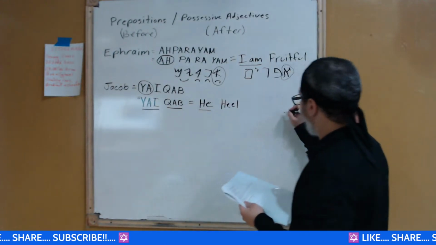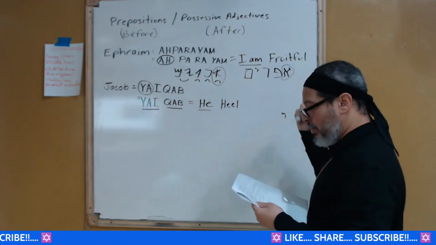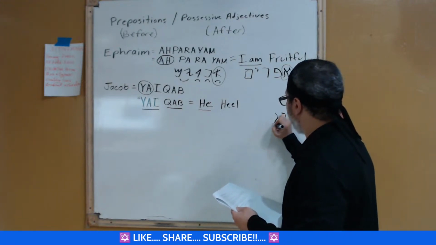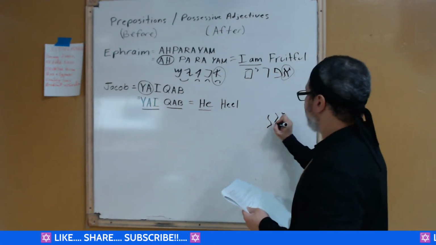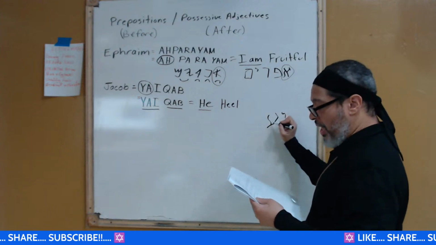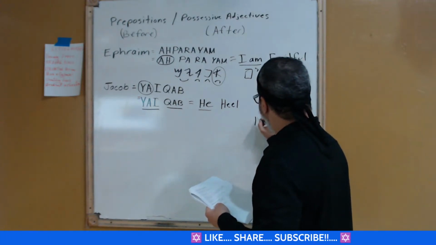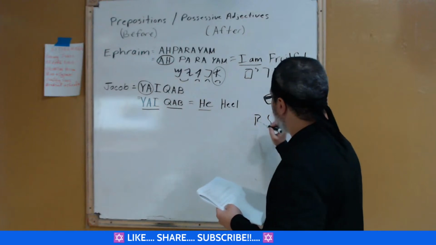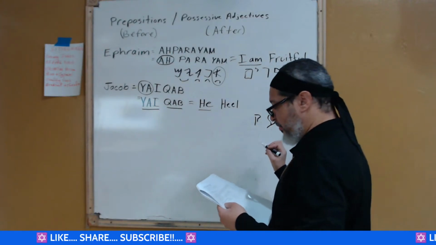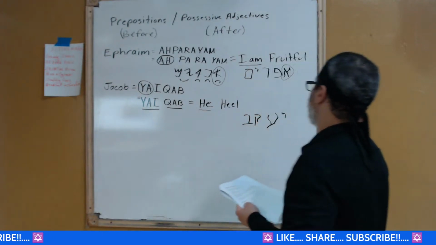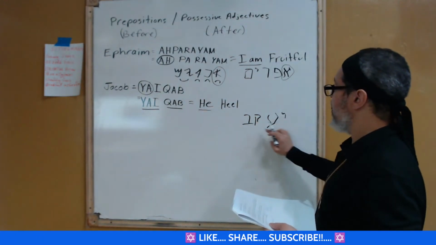We got the Yah. This is the modern version right here. We got the I. Yah, I. Then the Quab. So there's the Q. And then we have the B. So it's Yai Quab.